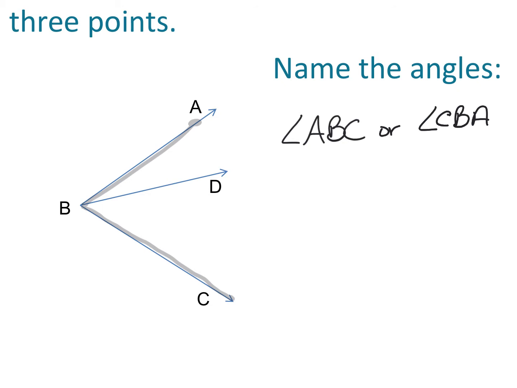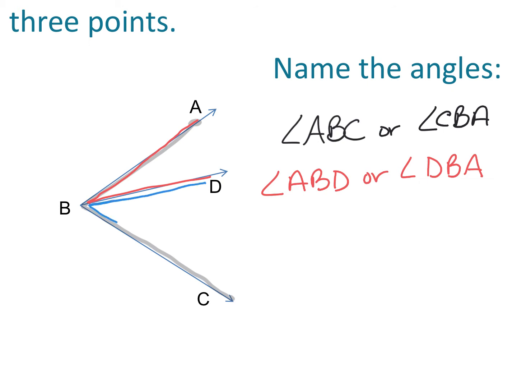Then I've got a smaller one consisting of A to B to D, or I could reverse the letters, D to B to A. And then the other one that shares vertex B is this one over here, D to B to C, or reverse it, C, B, D. Notice on all of these, we can reverse the letters, and all of them have in common angle B as the center.